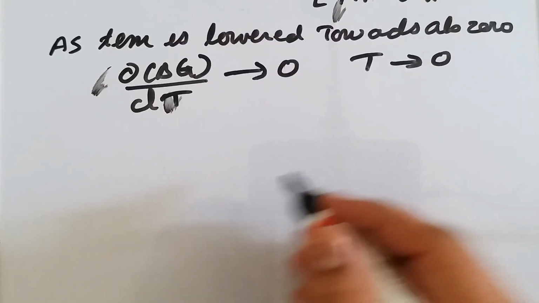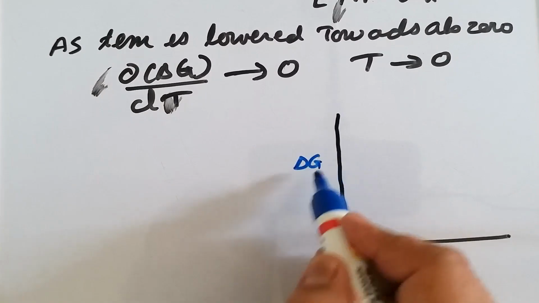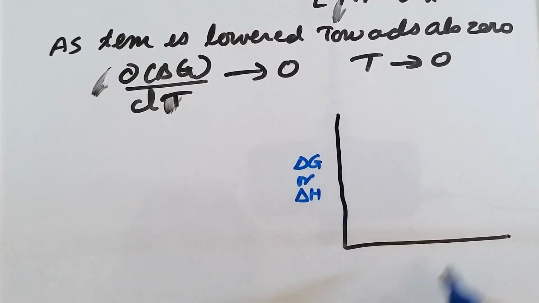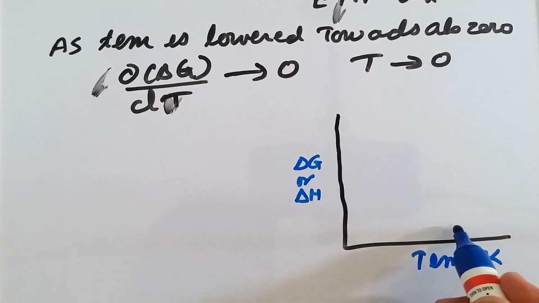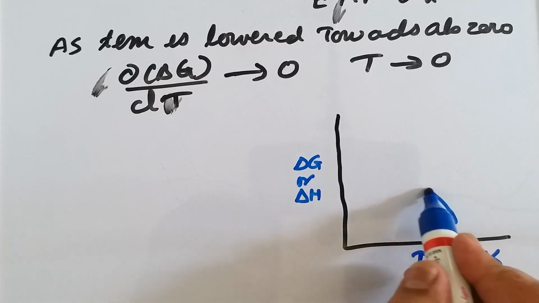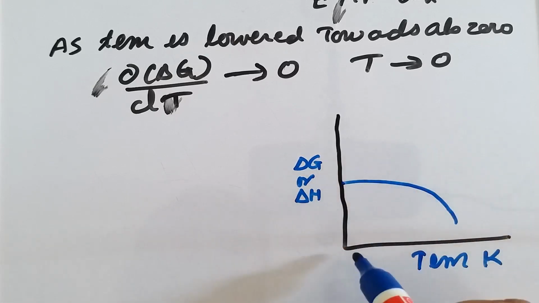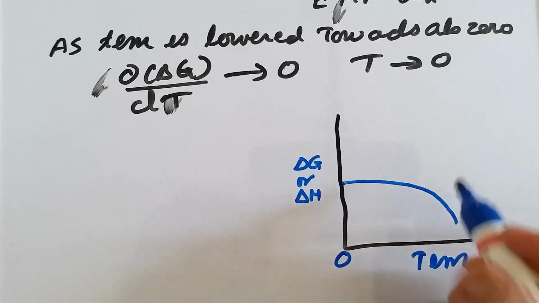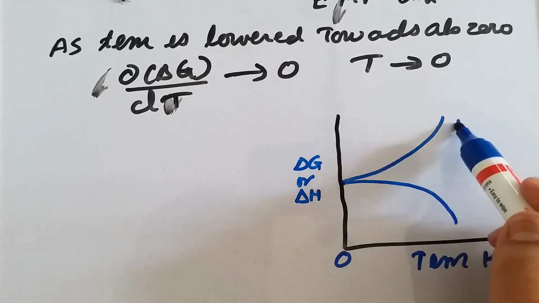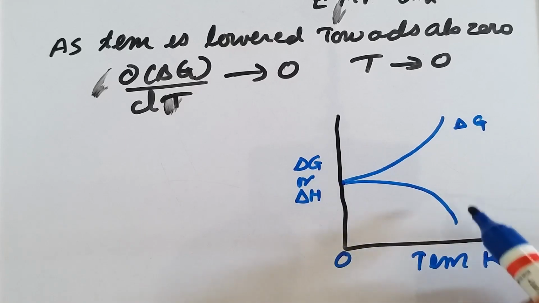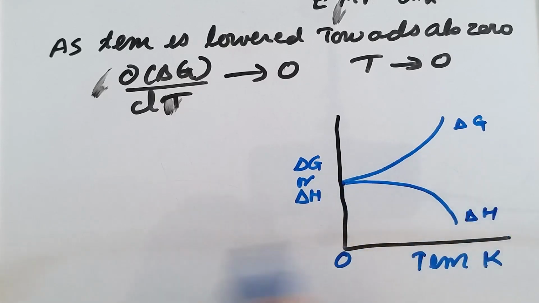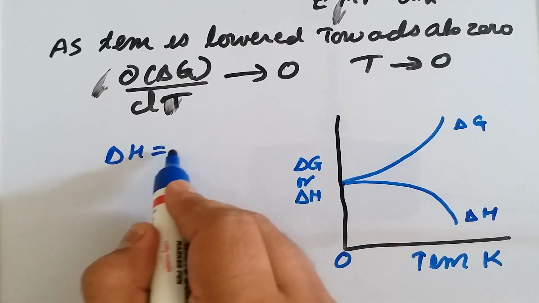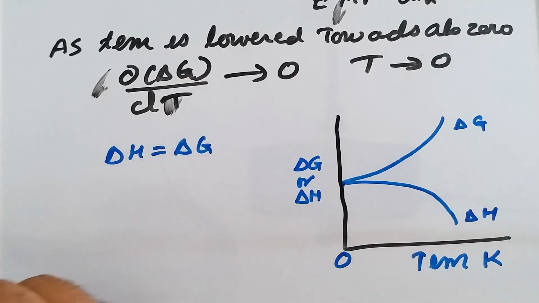This can be explained by plotting delta G and delta H versus temperature in Kelvin. The change in enthalpy, delta H, reaches a point at absolute zero, and similarly delta G is also decreasing and approaching a specific value, and at absolute zero, delta H will be equal to delta G.